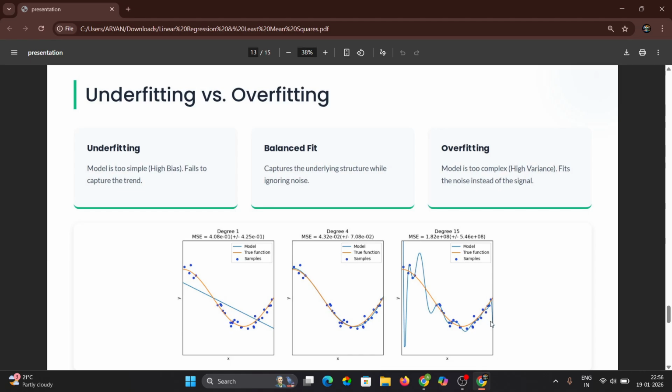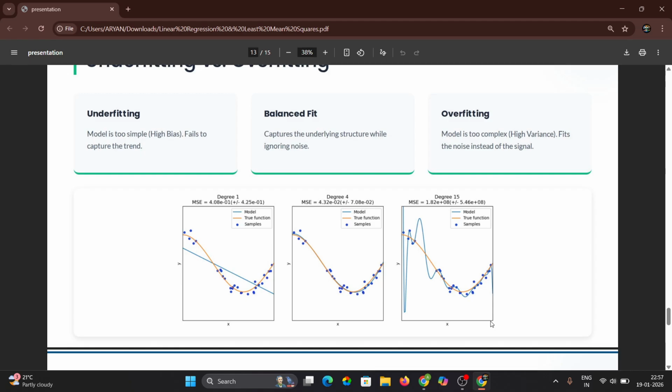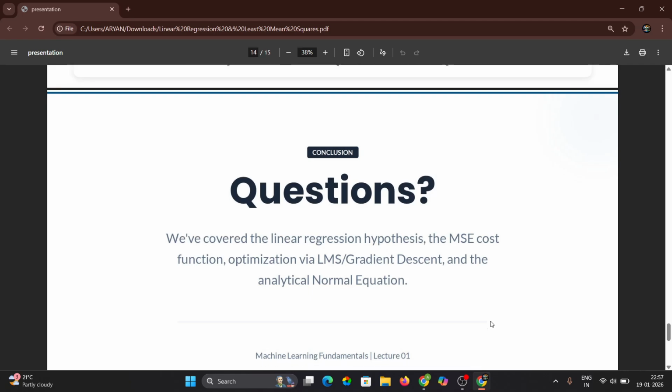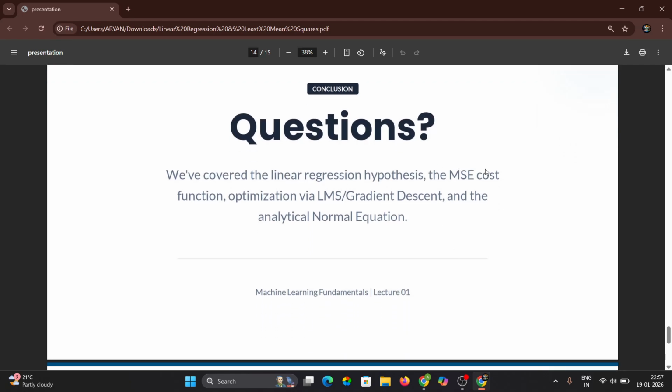So when a different type of sample comes, it is not able to predict, because instead of generalizing, it is totally memorizing the data. That's not correct.